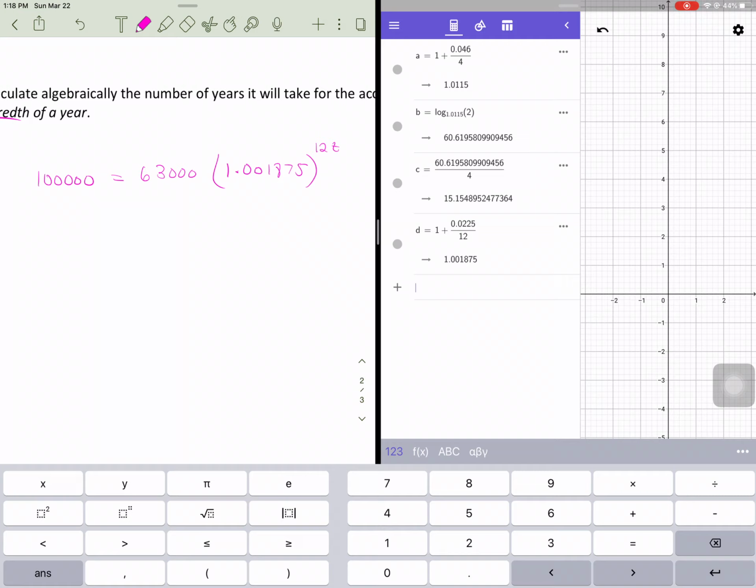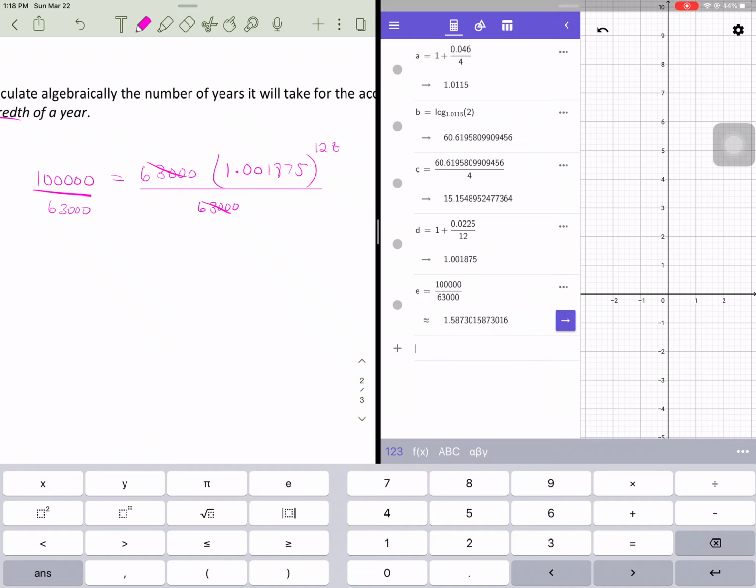Great, so before we convert this to logarithmic, let's isolate that variable. And remember, how do I know I'm going to convert this to logarithmic? If you're solving for a variable as an exponent, you want to use logs. This is not going to be a pretty number. Let's see, 100,000 divided by 63,000.